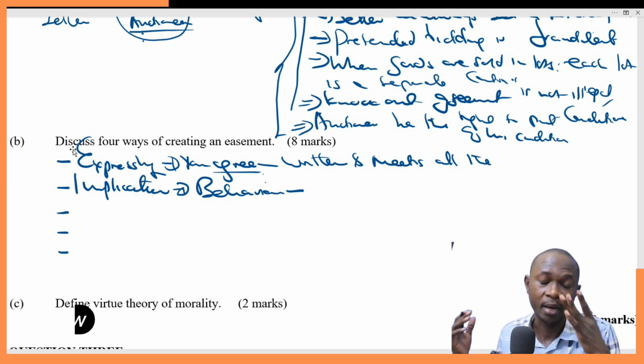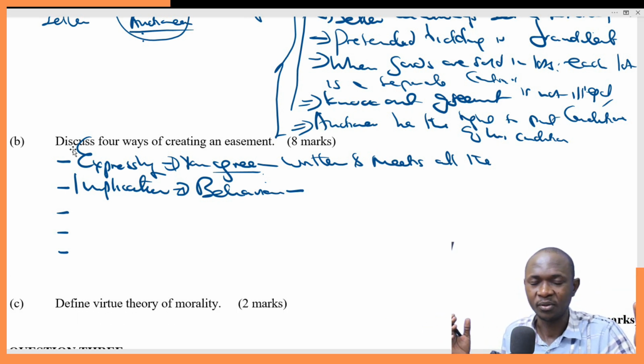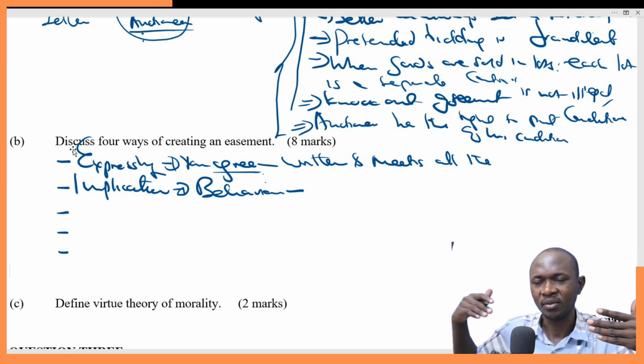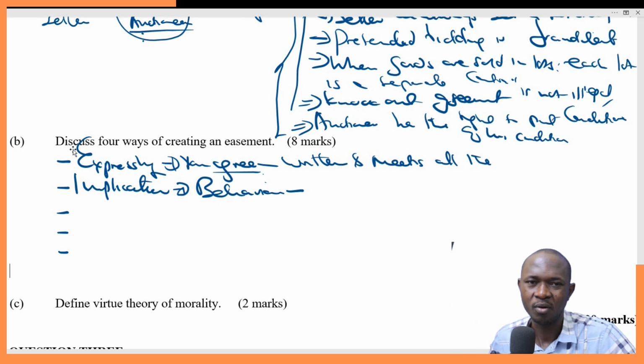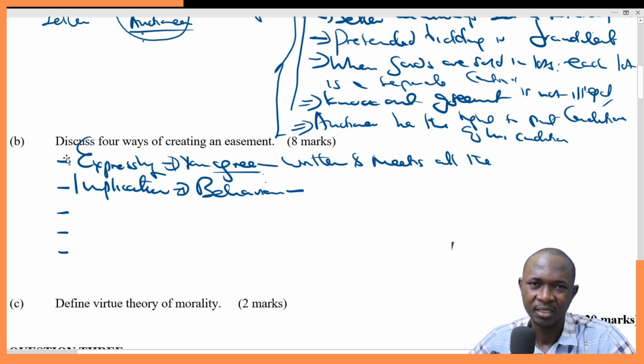If you are the owner of the property, you've allowed the other party to continue using your piece of land. So in such a case, you'll have created an easement. Implication is simply by behavior or conduct. The way you behave possibly speaks a lot about whether you have accepted or not.